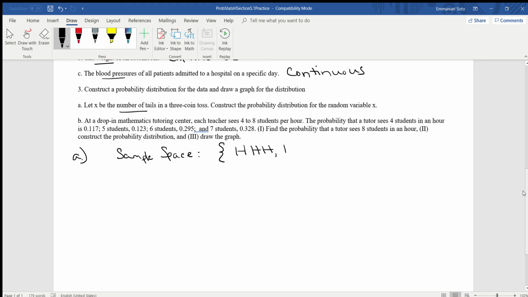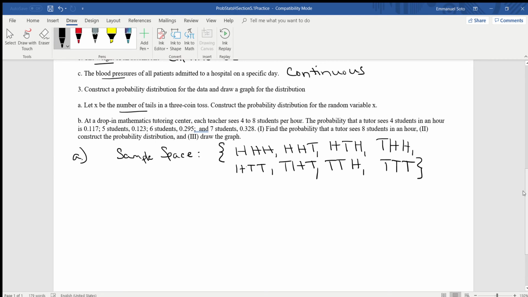We can have no tails, 1 tail, we can have 2 tails, or 3 tails. Alright, so we have our number of tails, we have our probability.